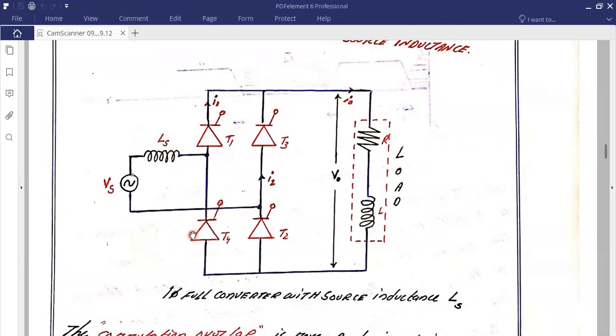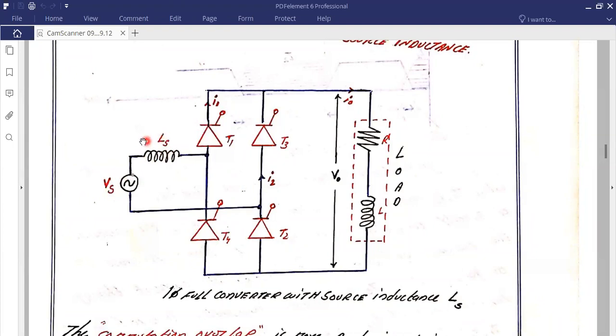There will never be any commutation or overlap. So instantaneously T1 and T2 are going to get turned off, and T3 and T4 are going to come into conduction. So the current is transferred from T1 and T2 to T3 and T4 instantaneously. That is in the case of an ideal source.